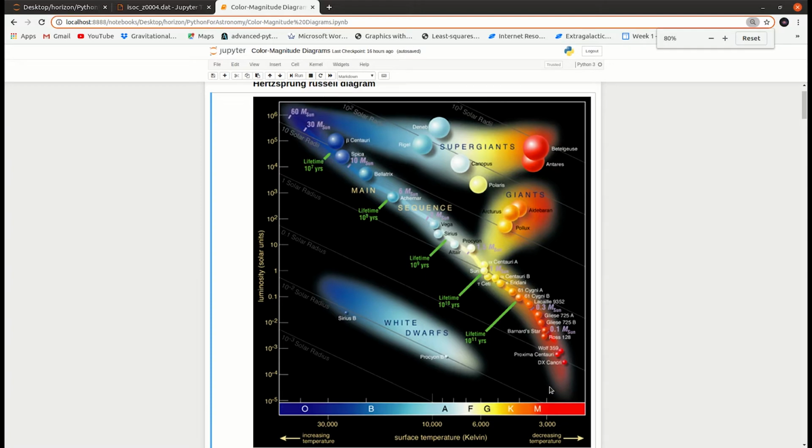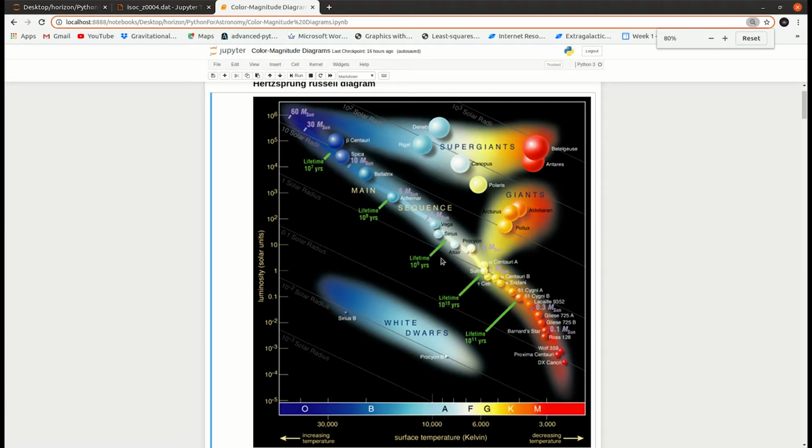These diagrams were actually developed independently by Hertzsprung and Norris Russell, and it was a great step towards understanding the idea of stellar evolution. You can see some labels like main sequence, supergiants, giants, white dwarfs. I'm sure you would have heard about this at some point.